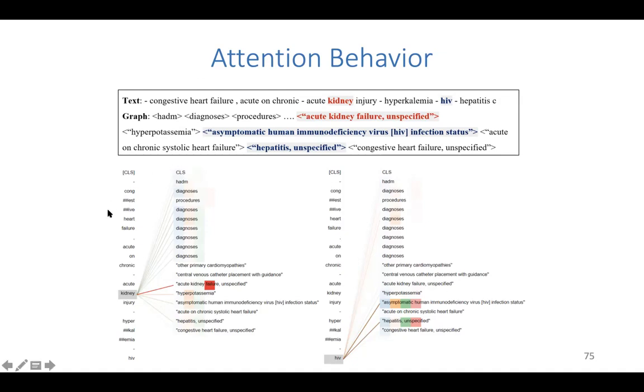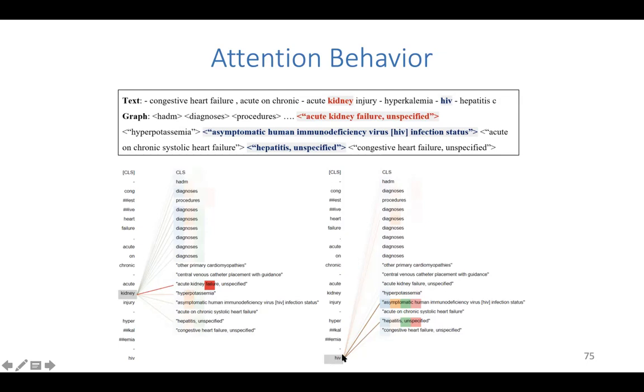But anyways, as I said, empirically it doesn't matter. Anyway, you can see that for the word kidney, when you study where it is attending to in the graph modality, the strongest attention is given to this specific node, which is actually acute kidney failure. So it is doing a good job of grounding the text into structured information.